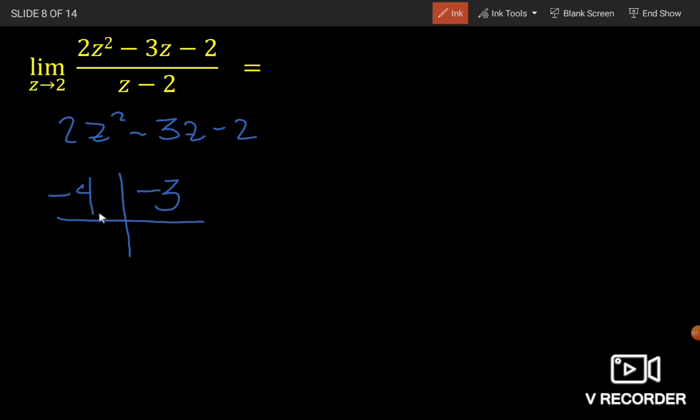So negative 4 comes from the product of 2 and negative 2, while negative 3 is the coefficient of the middle term. So here, let's say 1 multiplied by negative 4.